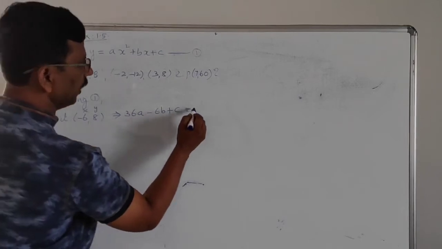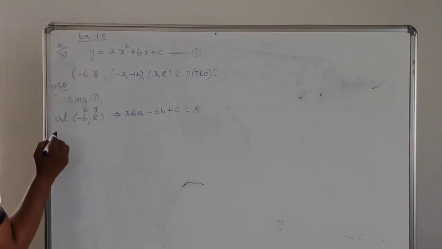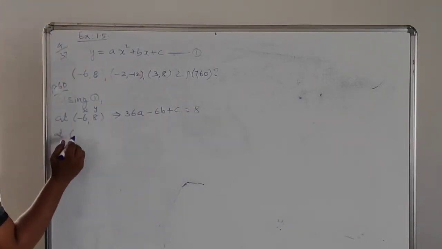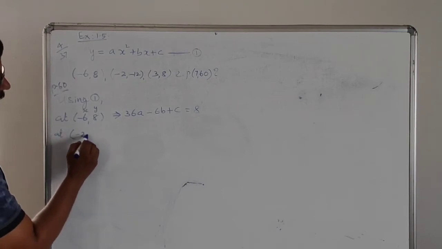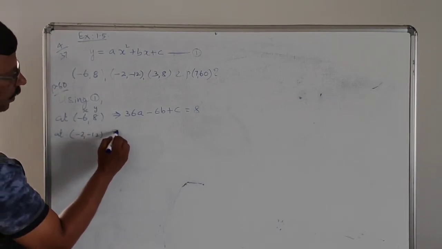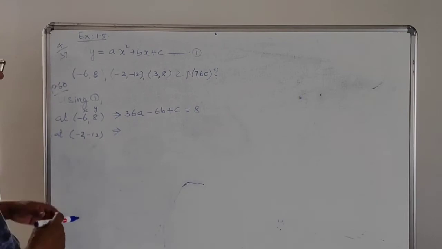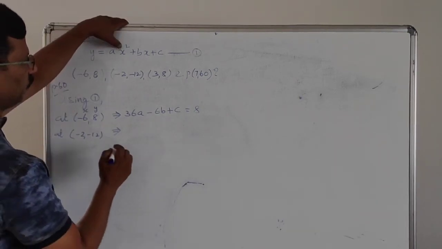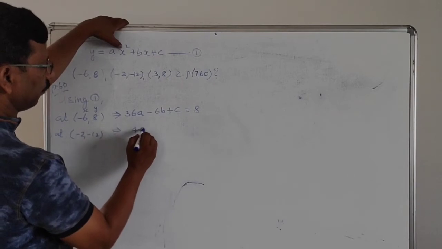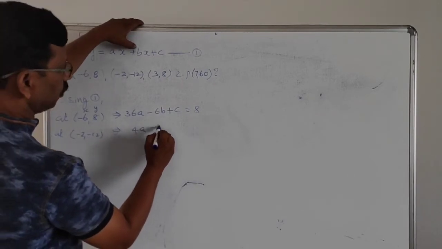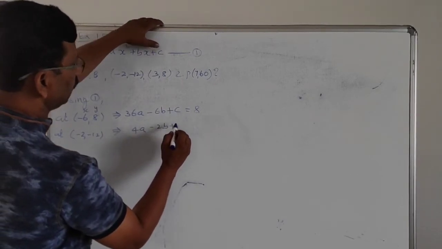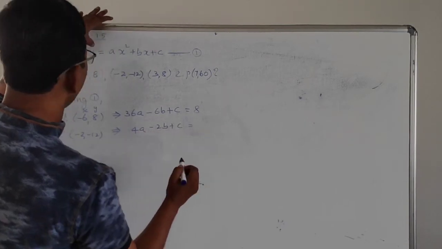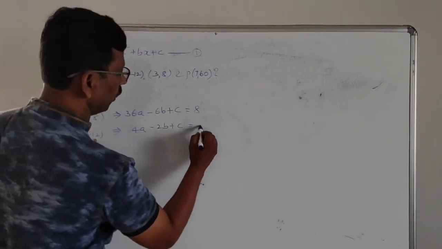Y value is 8. Now we can go for second point at minus 2 comma minus 12. Minus 2 comma minus 12 means first we substitute x equal to minus 2. Minus 2 square means 4. You can write 4a. Then minus 2b plus c equal to y. The y value is minus 12.